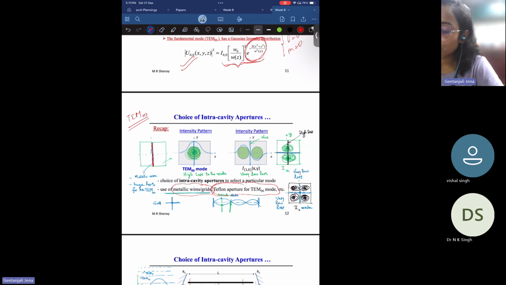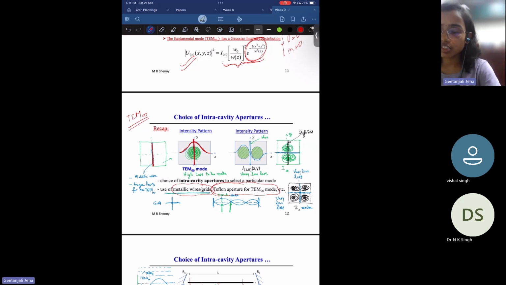Now let's say you have a laser cavity where the TEM00 mode is oscillating. If you put the metallic wire in this direction, then what will happen?